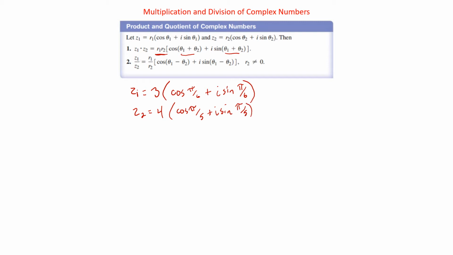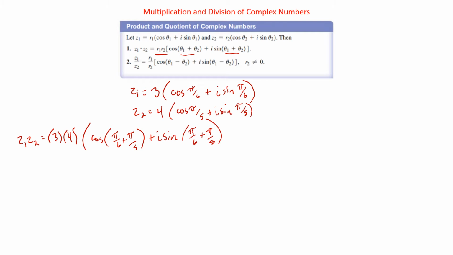All right, so if we wanted to multiply them, z1 times z2, we're going to multiply the 3 times 4. And then it'll be cosine of pi over 6 plus pi over 5 plus i sine pi over 6 plus pi over 5. z1 times z2, 3 times 4 is just 12. Pi over 6 plus pi over 5, we have to have a common denominator of 30.